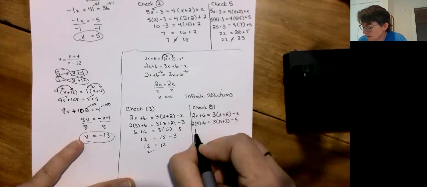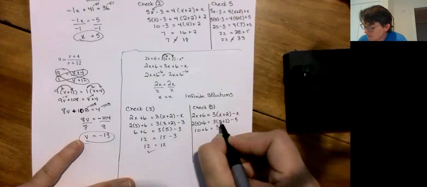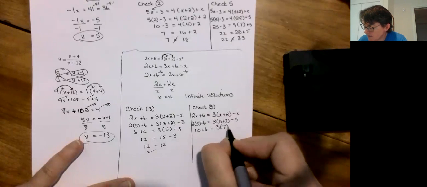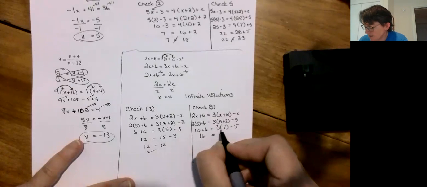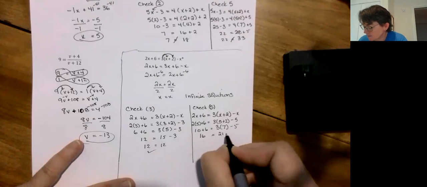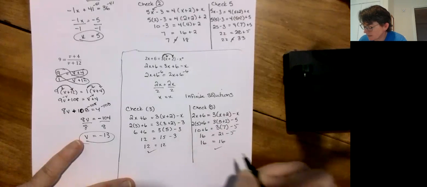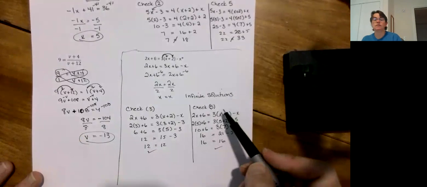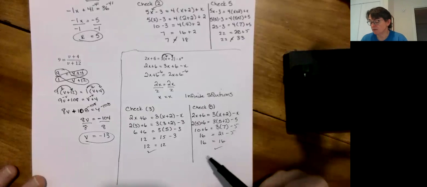Two times 5 is 10 plus 6. 5 plus 2 is 7 minus 5. 16. 3 times 7 is 21 minus 5. And that's what I mean by infinite number of solutions. It doesn't matter what number you pick. I could have picked a negative. I could have picked a decimal. It just would have been more work. But they'd always, always, always work out.